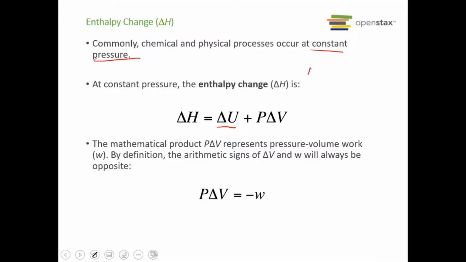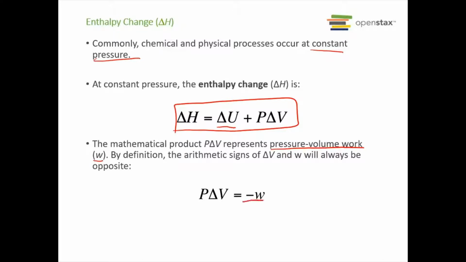Okay, so we could say constant delta T times delta P, but if pressure is the same, it's just P delta V. Okay, with the same pressure. So our change in enthalpy is equal to delta U plus P delta V. And this P delta V represents the pressure volume work. Okay, so pressure times the change in volume is equal to negative work.